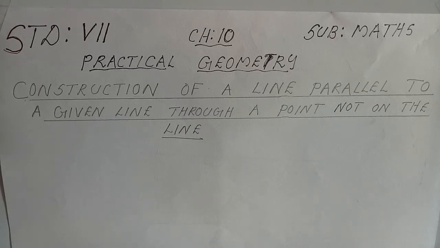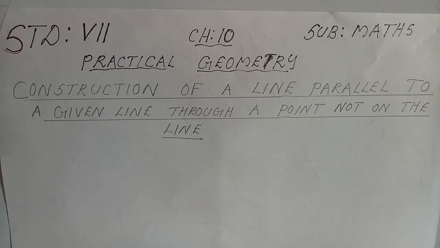Here, for constructing a line parallel to a given line through a point outside it, we use the fact that when two lines are cut by a transversal, and if a pair of alternate angles or a pair of corresponding angles are equal, then the two lines are parallel. Based on this fact, we are going to construct the parallel line through a point not on the given line.